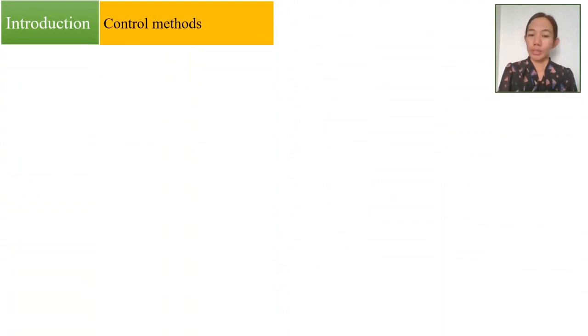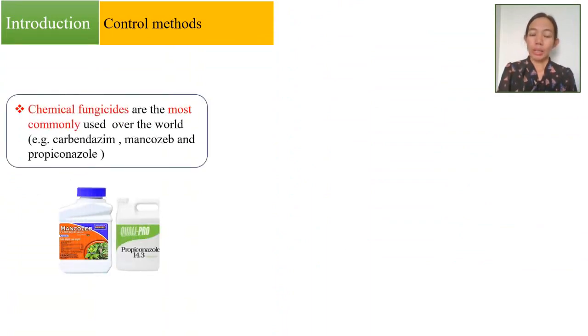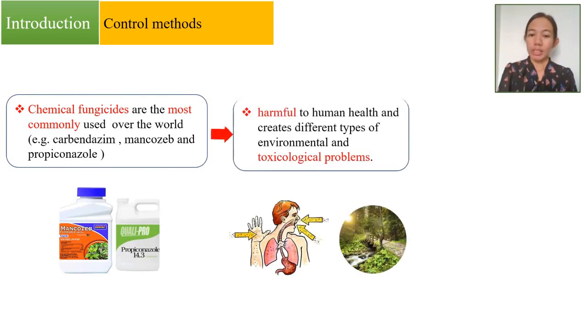To reduce and control this disease, most farmers still depend widely on chemical fungicides, but with long-term use, side effects may occur, such as human health problems and toxic effects on the ecosystem and environment.